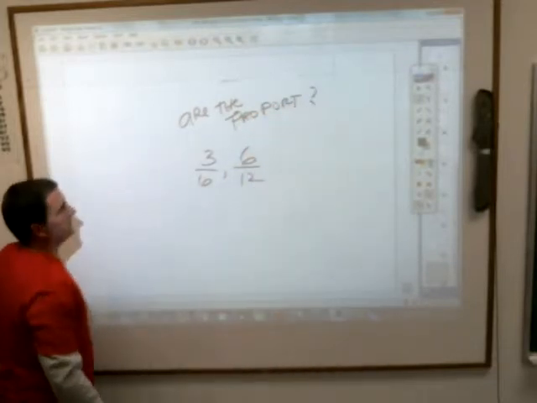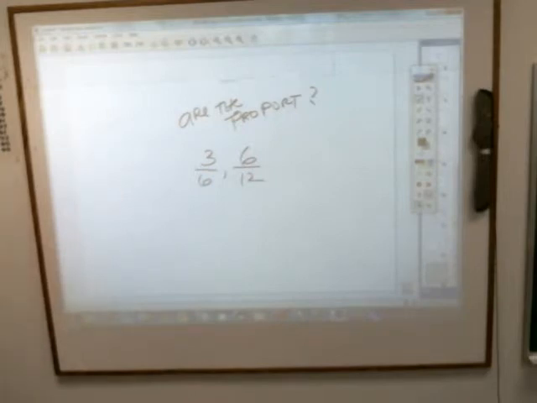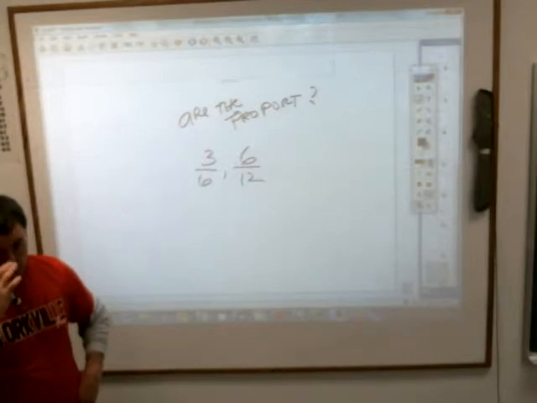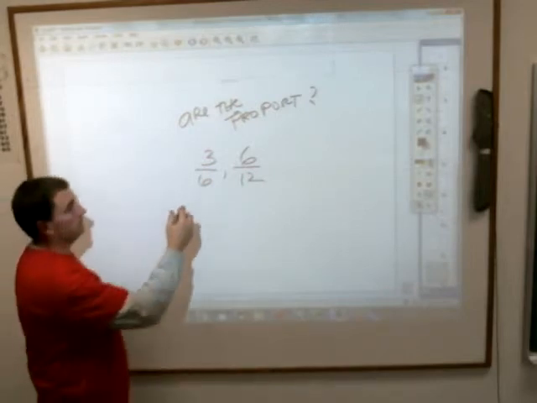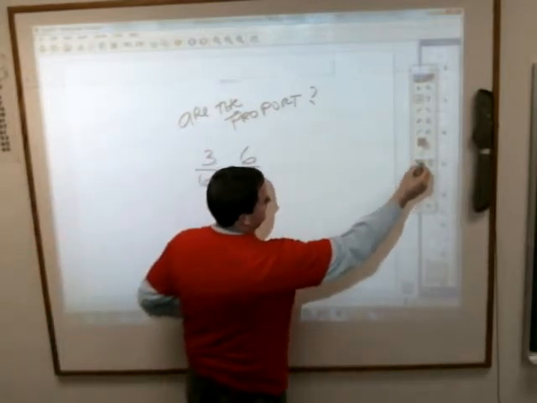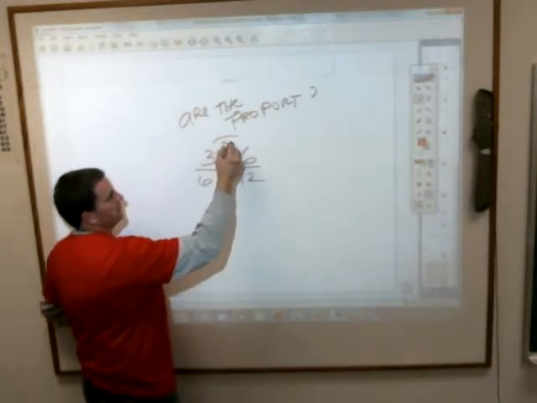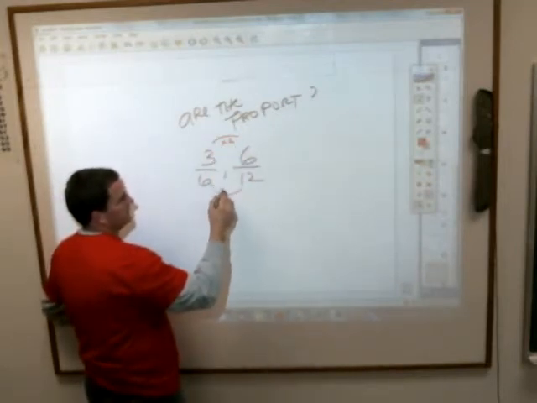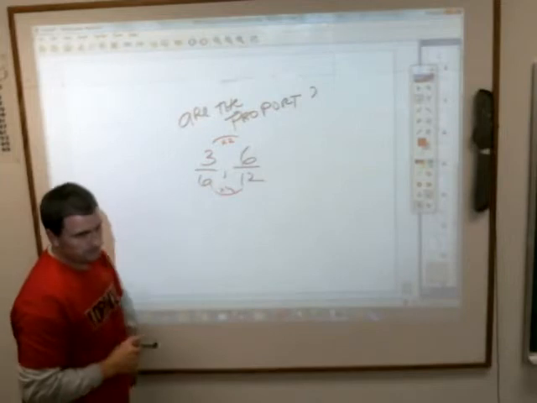There's a couple different ways to tell. Anybody? You could do the same thing we just did. How do you go from 3 to 6? Multiply by 2, right? If the bottom works that same way, then they're proportional.